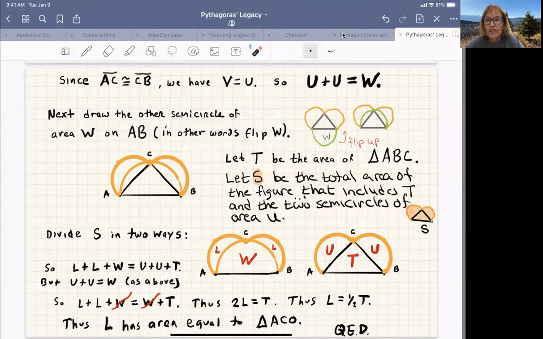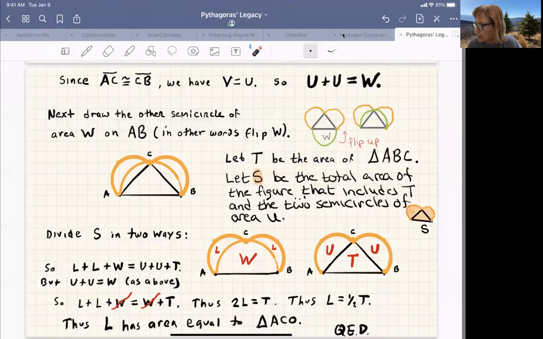Okay, so now here's the trick. The trick is, this was our original picture over here. So we had a semicircle on all of the sides of the right triangle. And basically, we're going to imagine that this semicircle down here, we're going to flip it up.